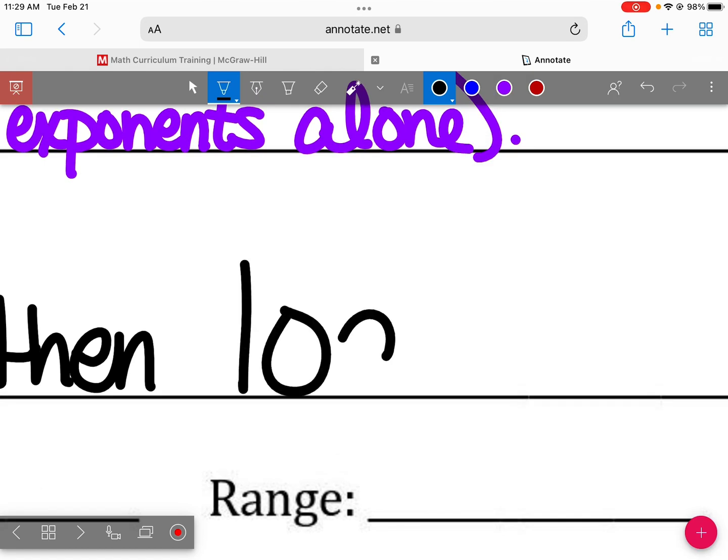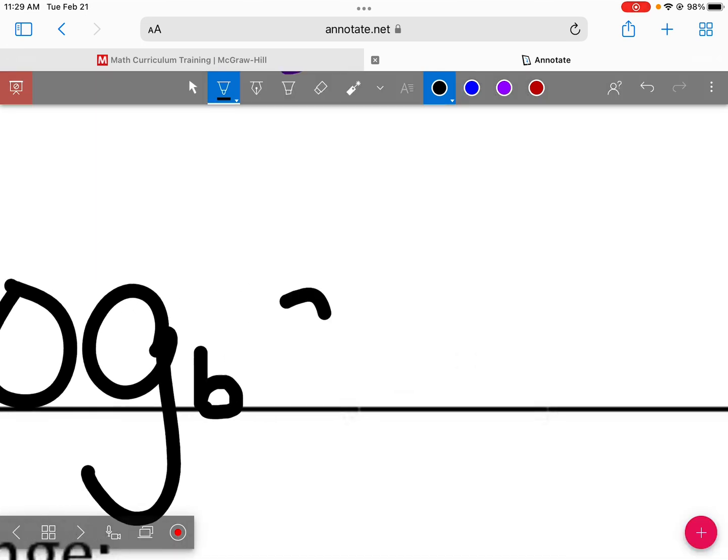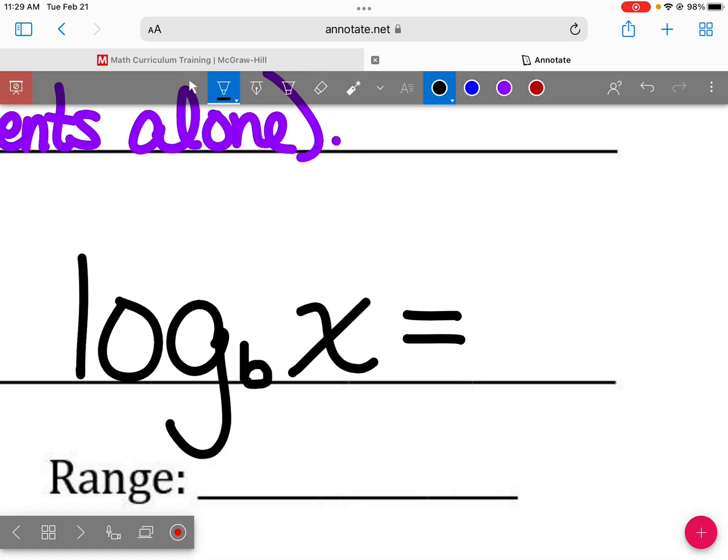Then I have log. Logarithms are always written at the beginning with those three letters, log. That's how you know it's a logarithm. And then my base becomes a little number next to the g. It kind of reminds me of an exponent, except it's not up high. It's written down low. Log base b of x equals y.